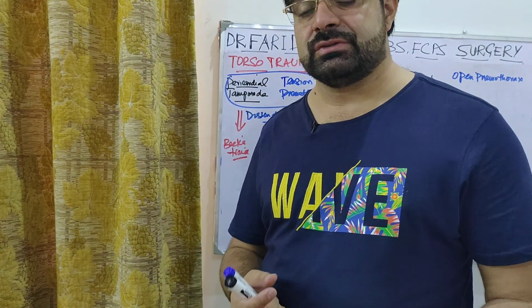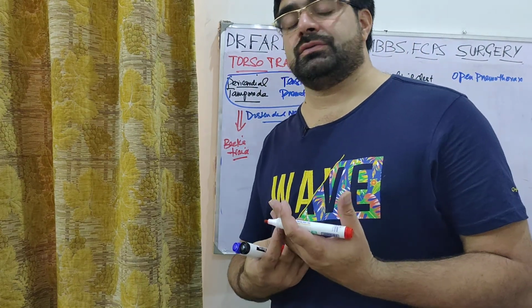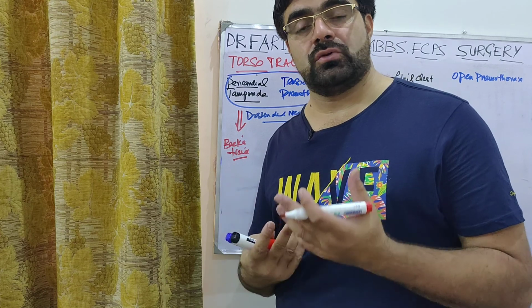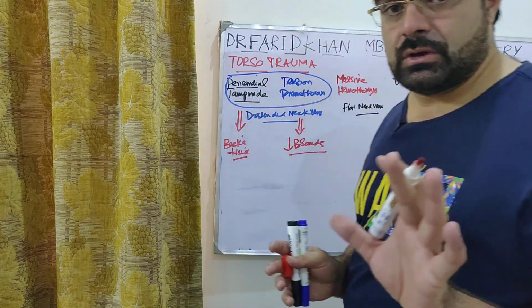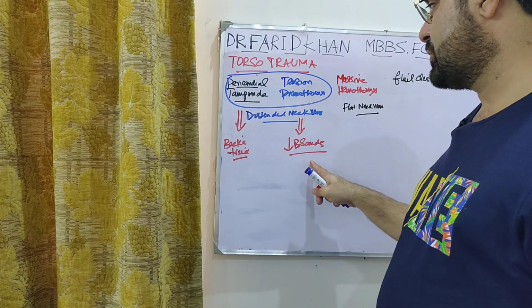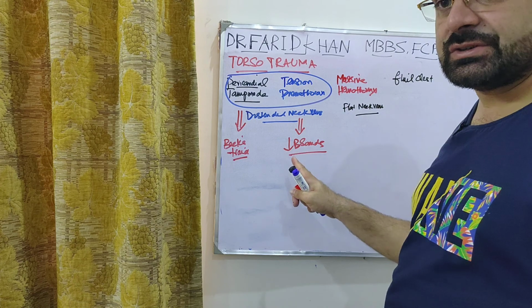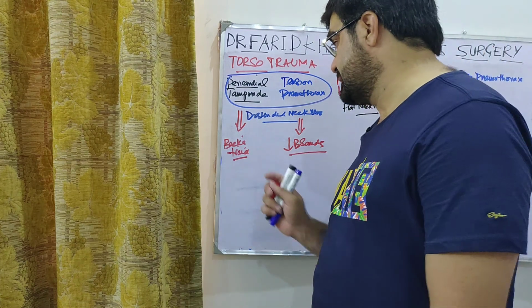When you do an X-ray, there will be deviation of the trachea to the opposite side and total collapse of the lung on the affected side. Distended neck veins, hypotension, and decreased breath sounds on the affected side, hyperresonance on that side.